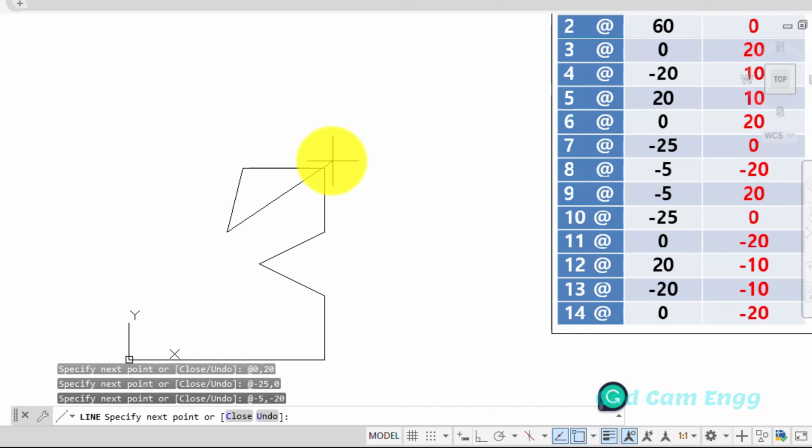Point number 9: @ minus 5, 20. For plus 20 we don't need to enter the plus sign, just typing 20 is enough. Point number 10: @ minus 25, 0.